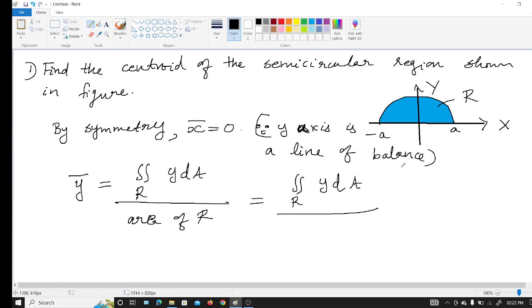And we know the area of a circle is given by pi r square. Here the radius is a. So pi a square is the area of a full circle. Here we have to consider the semicircle only. So area of the semicircle is half pi a square.